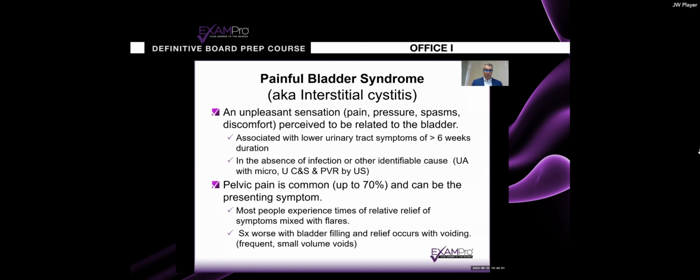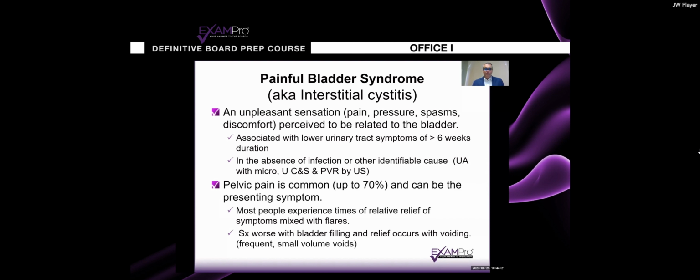When you do a post-void residual in a patient where you suspect painful bladder syndrome, remember, do it with an ultrasound estimate if you can, rather than a catheterization, because catheterization will generally provoke pain for these patients. The pelvic pain is a very common presenting complaint for these patients.